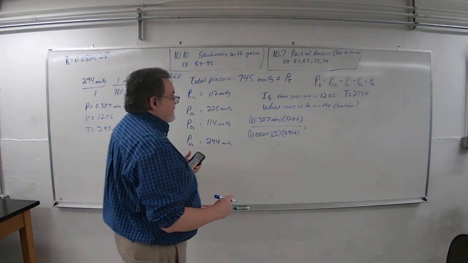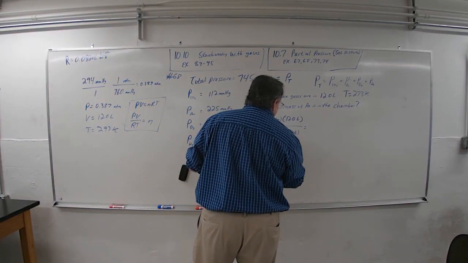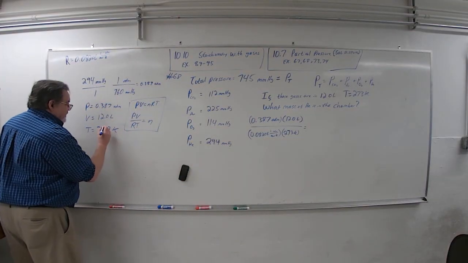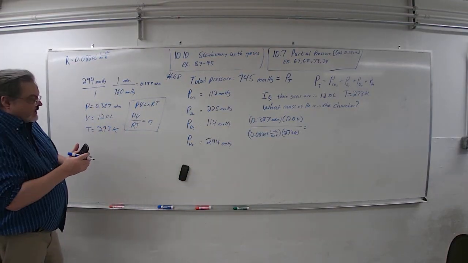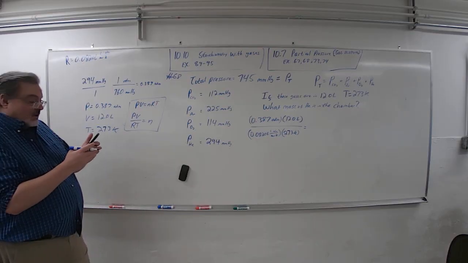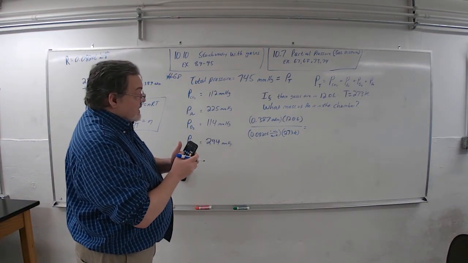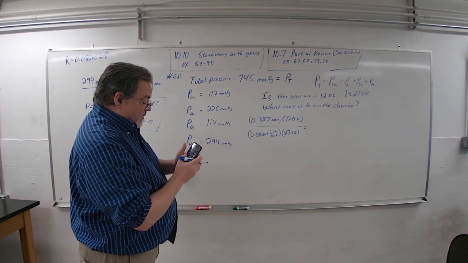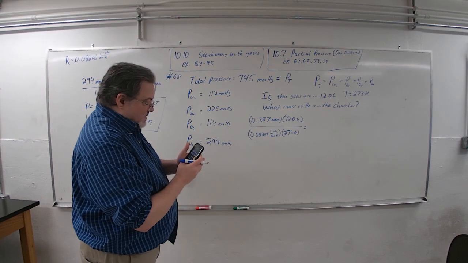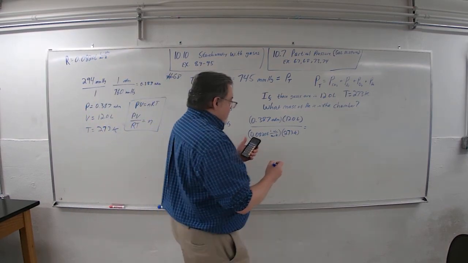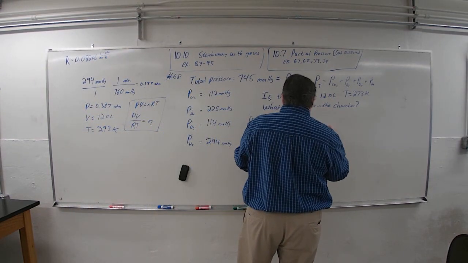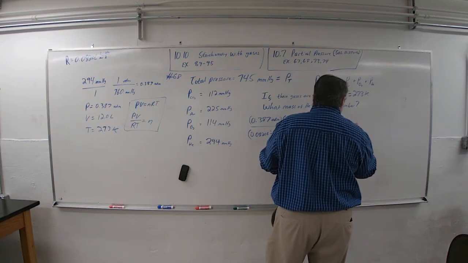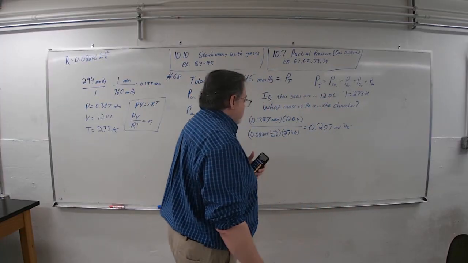Oh, does it say 270? Thank you. It's 273, given in the problem. All right. 0.387 times 12 divided by 0.08206 divided by 273. That many moles of helium.